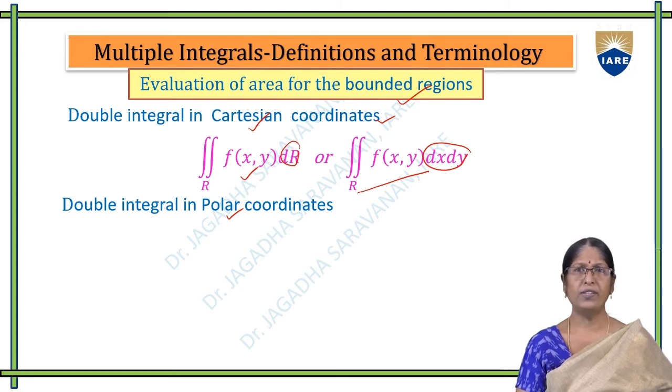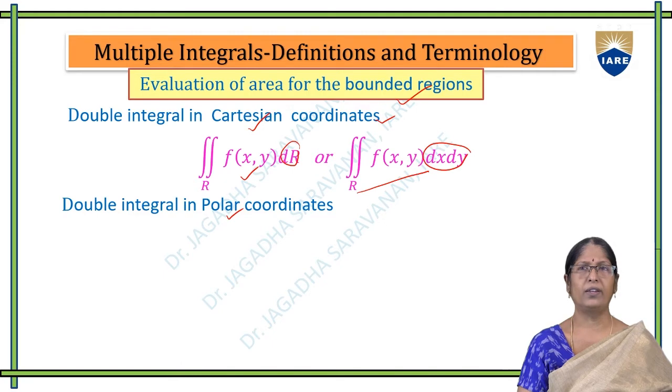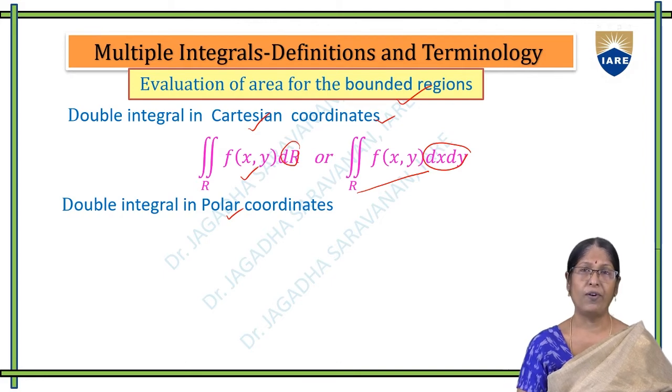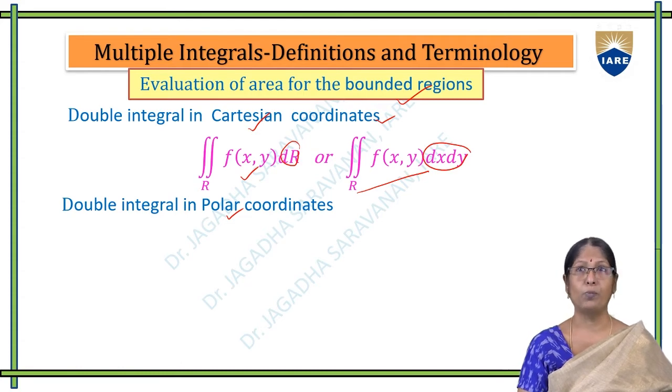If the region is a circle, it is better to evaluate the integral under polar coordinates, which is more comfortable. If we solve such problems in Cartesian form, the formulas to integrate become more complicated and take more time and effort. So for curves related to circle problems, if we select the formula in polar form, we will be more comfortable.